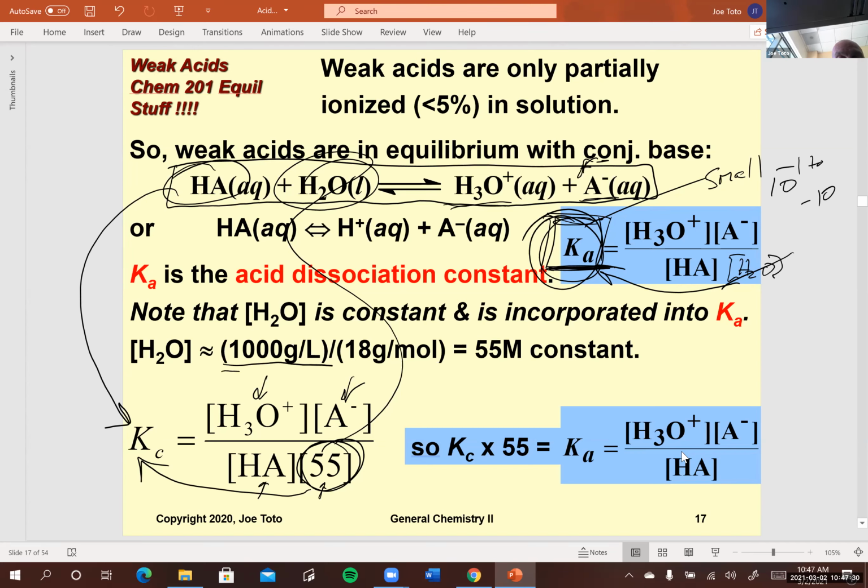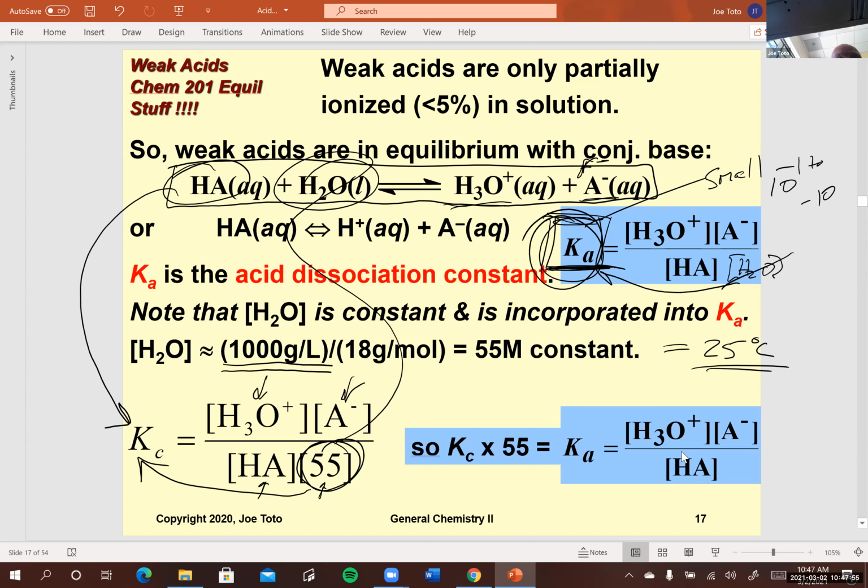The density, oh, I should mention that it's temperature dependent. I didn't have anything here, but you know all equilibrium constants are temperature dependent. So this is at 25 degrees Celsius. That will change with temperature because the density changes.